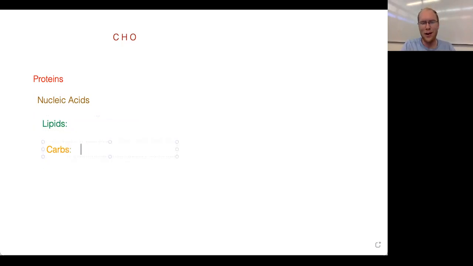Carbohydrates are mostly made out of hydrocarbons. So they end up, because they're just hydrogen and carbon, which you can think of as the backbone of the cells. So all of these have carbons because carbon provides a backbone for cells.